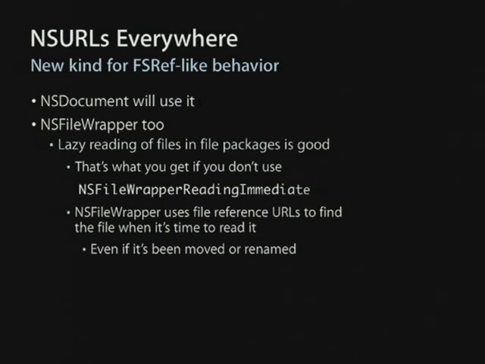So if you create a file wrapper from a great big directory hierarchy, it's not going to open thousands of files all at once. It's going to wait till you actually try and walk that. And the way we make that work, conceptually NSFileWrapper doesn't even have a URL property, and we're not adding one. But internally, it's using file reference URLs, just like NSDocument, so that it can find the file when it's time to read it lazily, even if it's been moved or renamed.